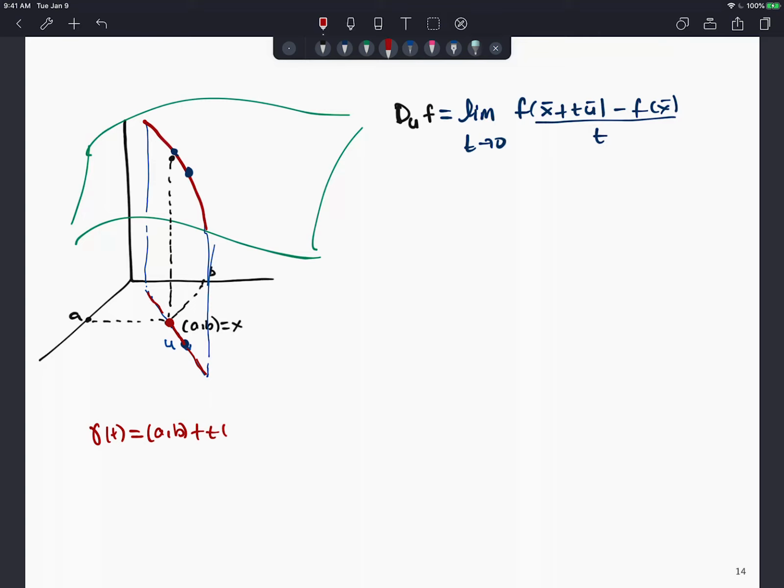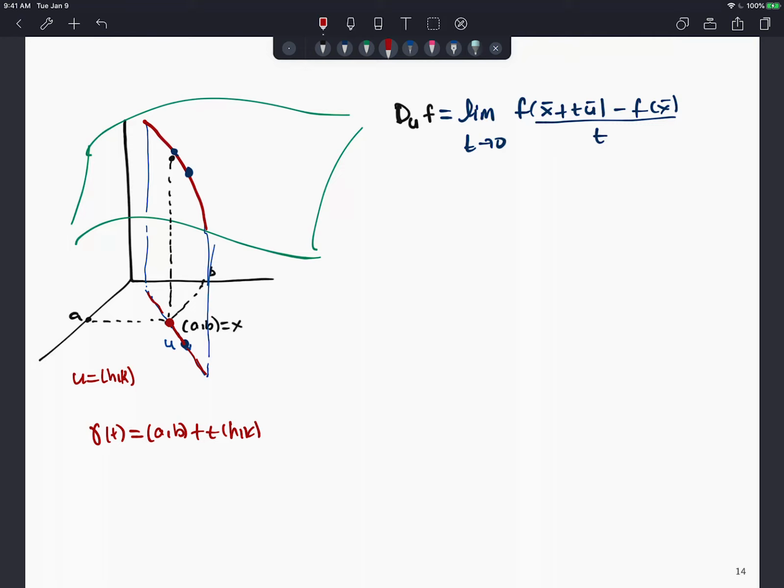Let's call u (h, k). And this is a unit vector. We need to make it a unit vector so the magnitude doesn't affect what we're doing. So we uniformize this by making unit vectors.